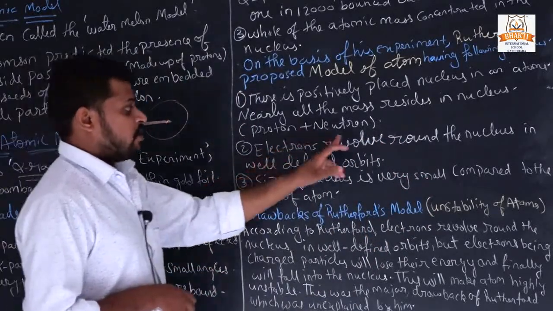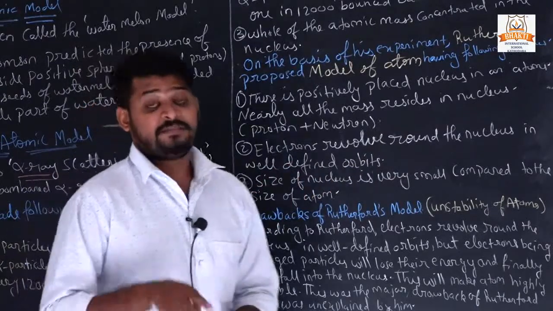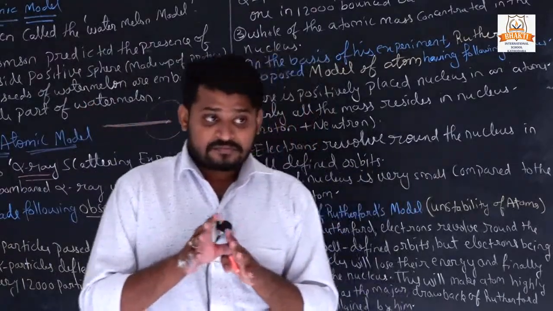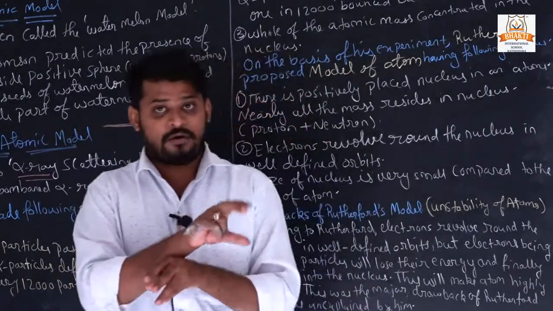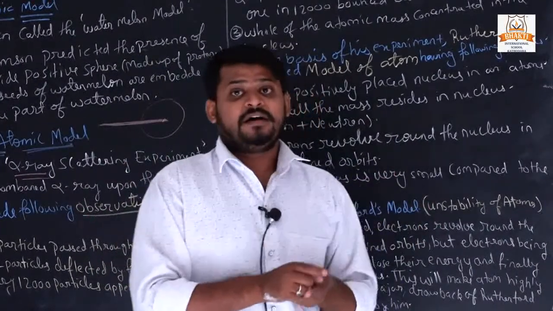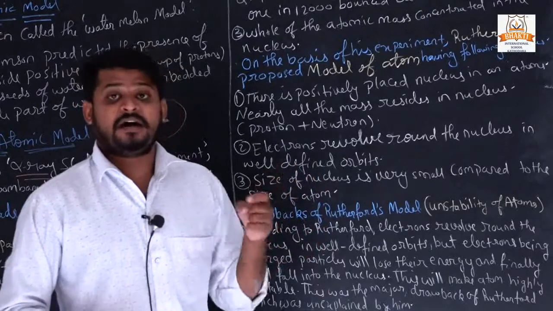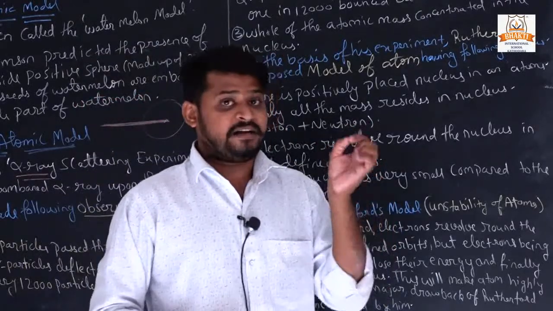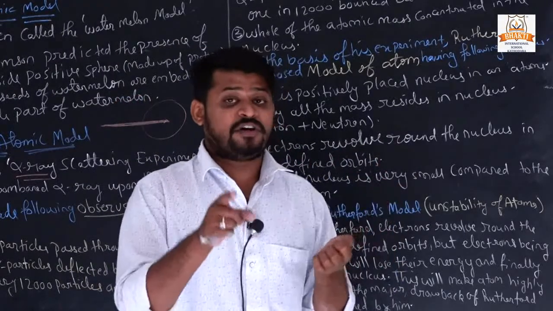Second, electrons revolve around the nucleus in well defined orbits. This means that when the alpha rays passed through the gold foil, some were deflected at small angles. From that observation, he gave us the feature that the particles that deflect the alpha rays are electrons.